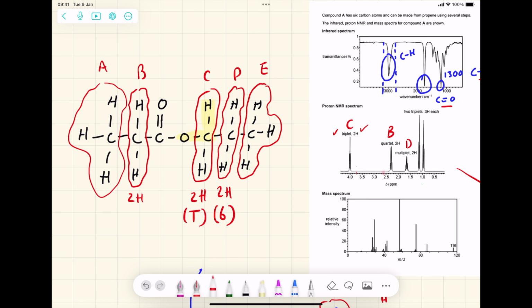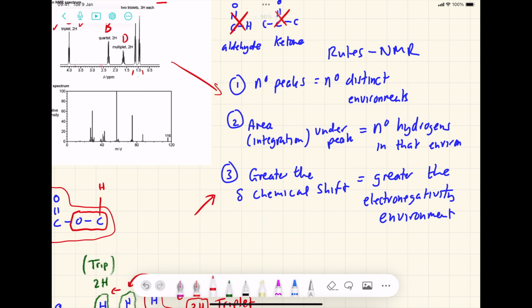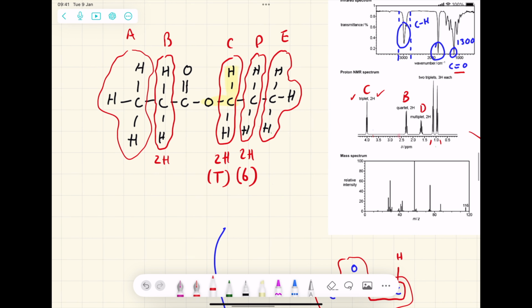So finally then we need to decide which triplet, A or E, belongs to the peaks we have at, I think that one's 1.2 and that one's about 0.8. How do we know which is which? For that, I'm going to employ rule number 3, which is the greater the chemical shift, the greater the electronegativity of the environment. So this is how we work this one out. You can see environment A is closer to the C double bond O because it's only one CH2 away.